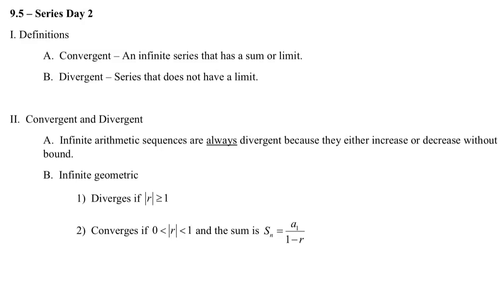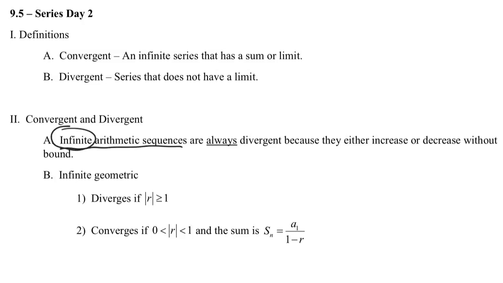Basically, if that doesn't happen, then you're talking about a divergent series, meaning a series that does not have a limit. Essentially what's going to happen there is that the series is going to increase or decrease without bound. And so infinite arithmetic series are always divergent, because they always either increase or decrease without bound.